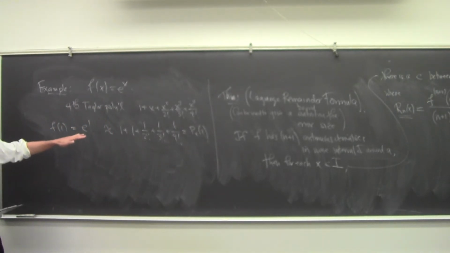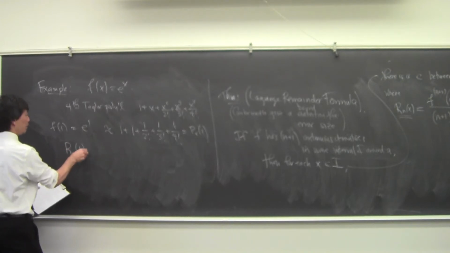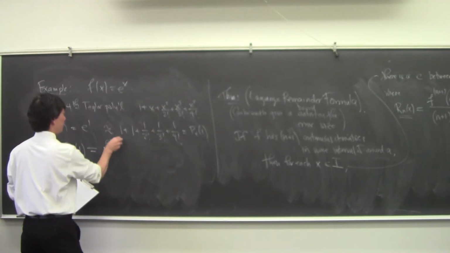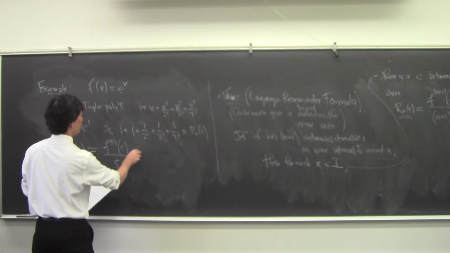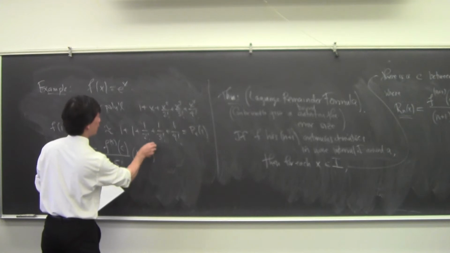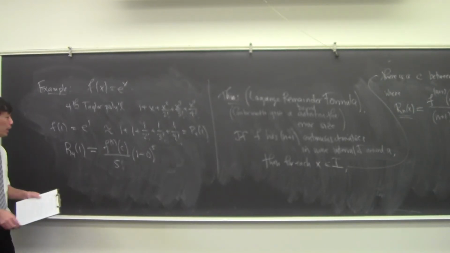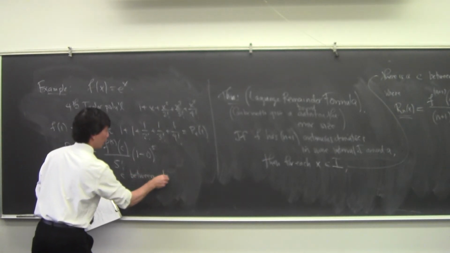The Lagrange remainder formula says that the error R4 at 1 actually equals the fifth derivative of f evaluated at c over 5 factorial times 1 minus 0 to the 5, for some c between 1 and 0.